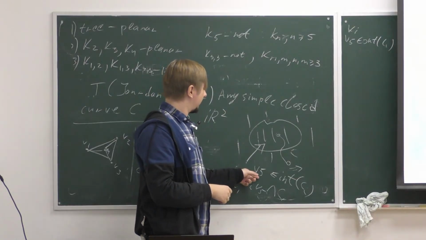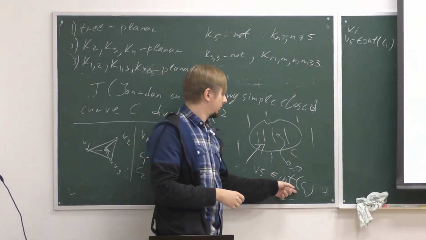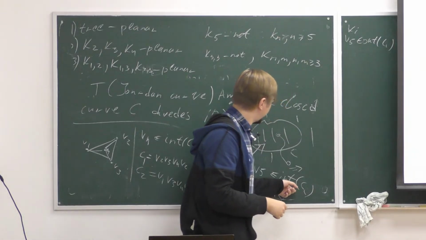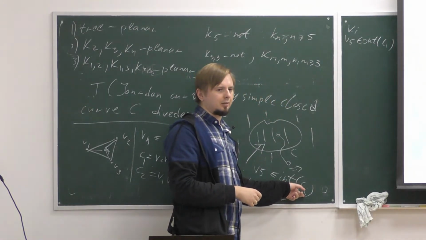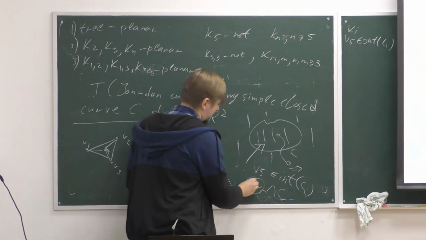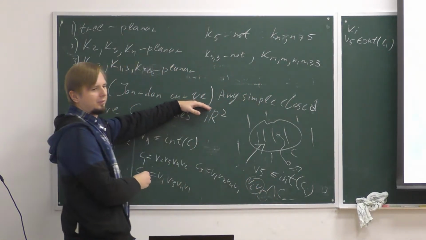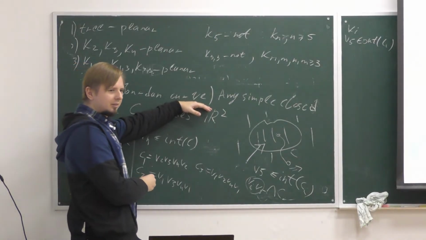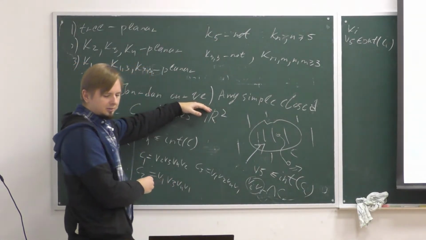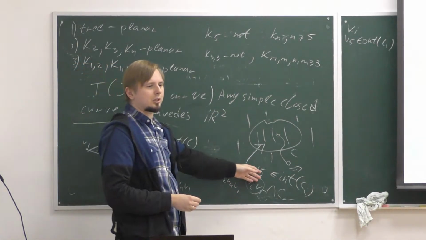If V5 belongs to the inner part of some Ci, then the edge should intersect Ci by the Jordan curve theorem, and that is a contradiction.